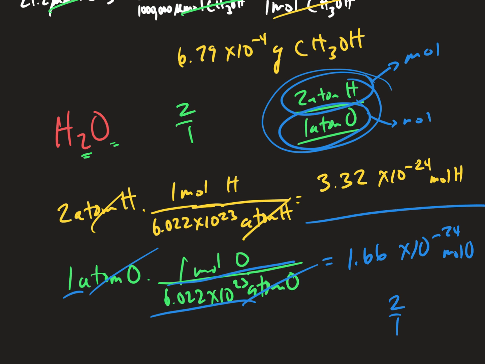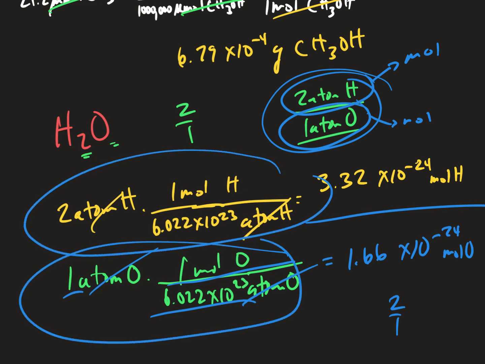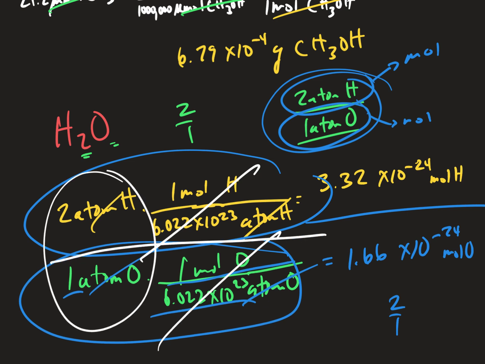Yeah, thanks for asking. Now, if we take this and divide it by this, what goes away, guys? These go away, right? If we divide those two, we still just get 2 over 1. It is 2 over 1. If you don't believe me, you can plug it in and try it.